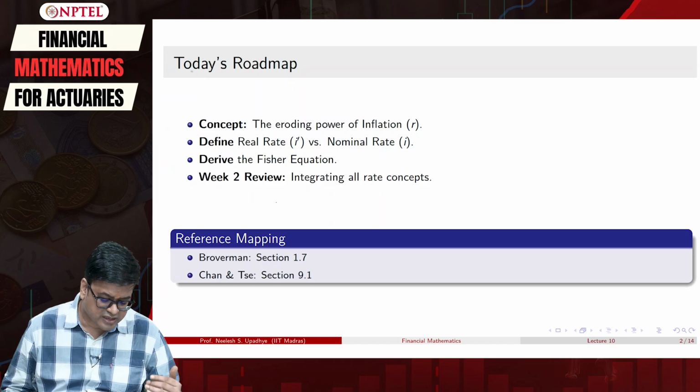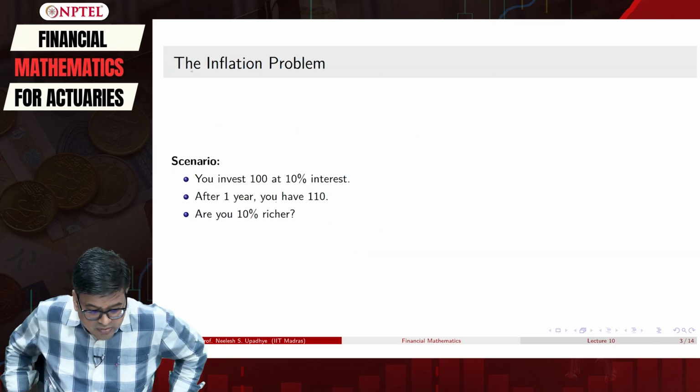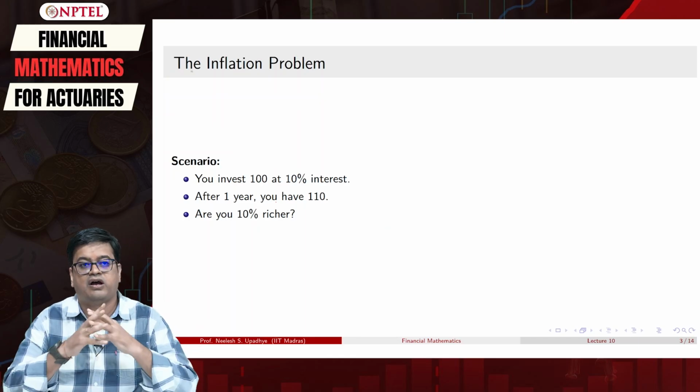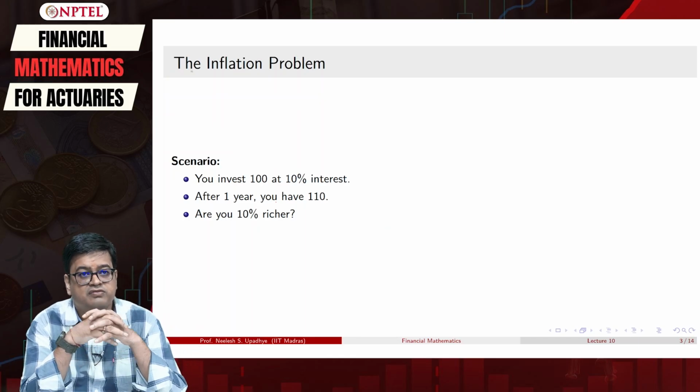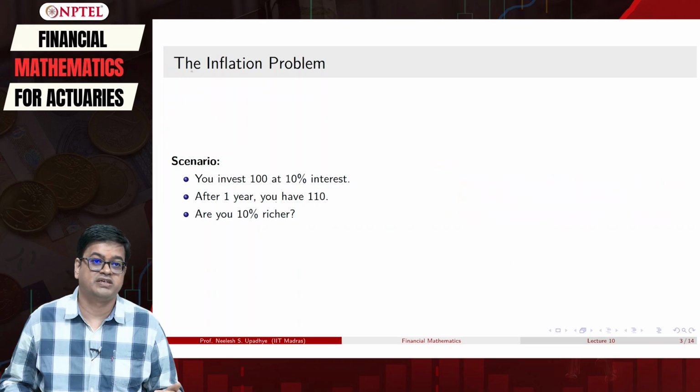So let us start with the inflation problem. What is an inflation problem? Suppose I have 100 rupees today. I invest those 100 rupees at a 10% interest rate. After a year, I receive 110. So am I 10% richer?